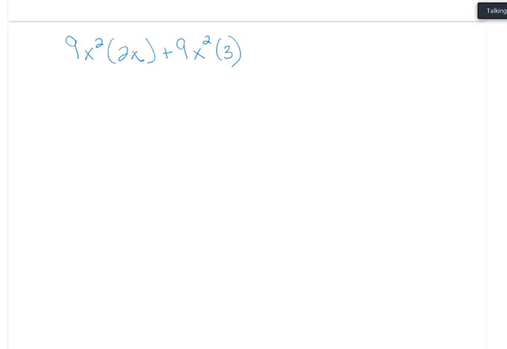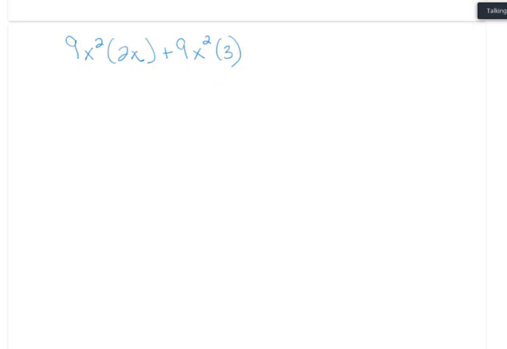In my polynomial, here's my little plus sign, so I'm looking for what this little guy and this little guy have in common, to find the greatest common factor that I can pull out. Do you see anything that they have in common? 9x squared, yep.